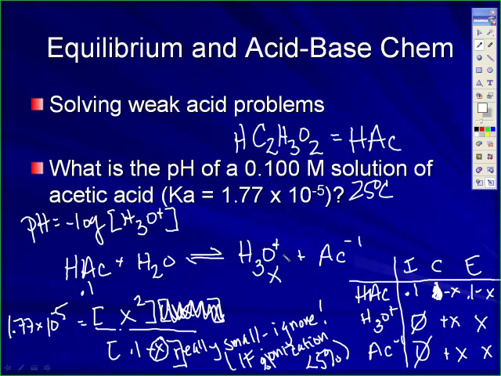If this happens so infrequently that you get less than 5% ionization, which is most weak acids, then this X can just be gone. That's something we're going to double check at the end. But I'm going to get rid of all of this now.